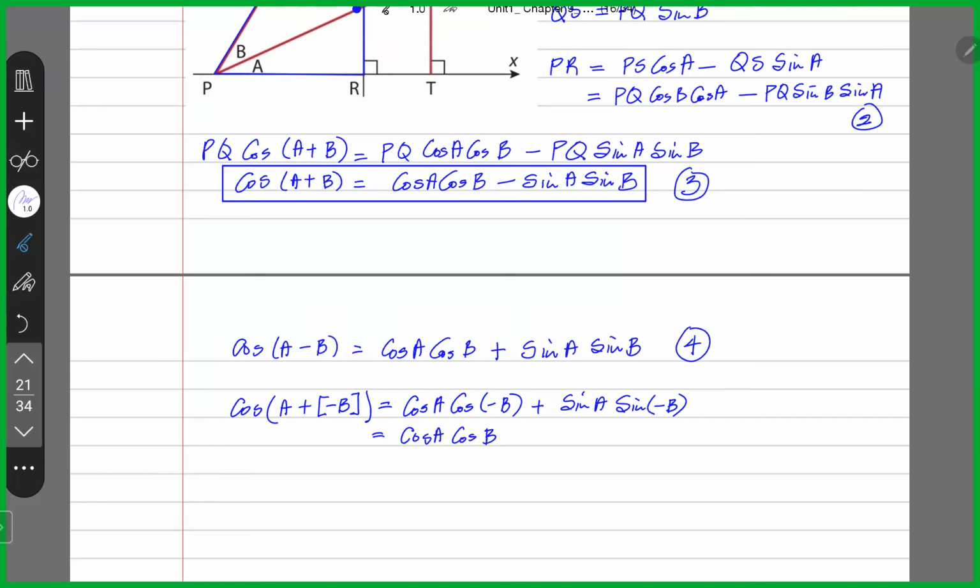Now, the sine of a negative angle is equal to minus the sine of the positive angle.